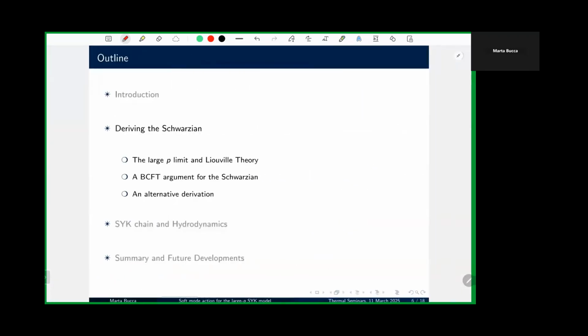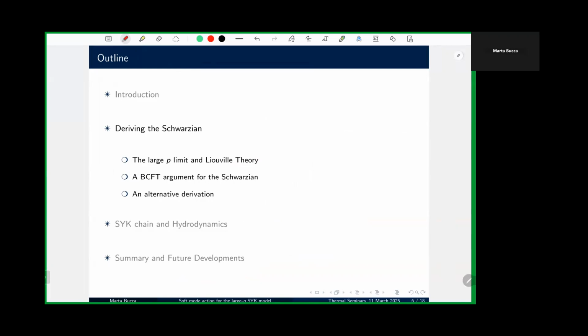So this was our introduction to the SYK model, and now that we know what we're talking about, I can tell you how we derive the Schwarzian action, or the Schwarzian derivative. The first thing I'm going to do is tell you how we can take the large P limit for SYK and what we find once we do take this large P limit.